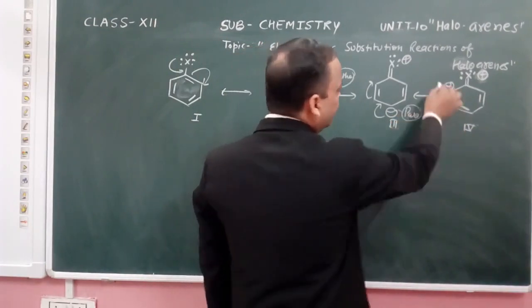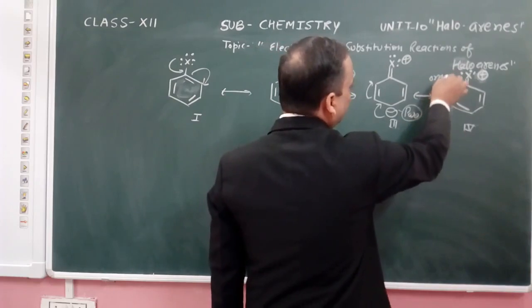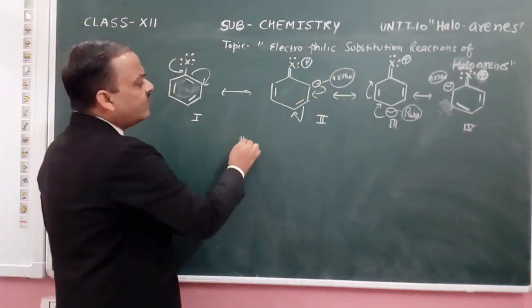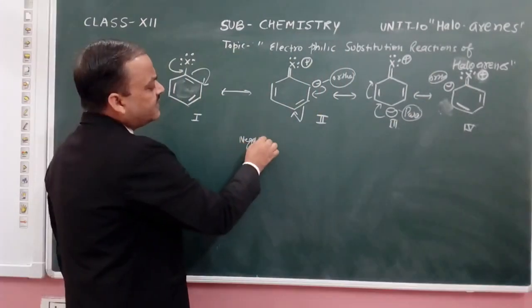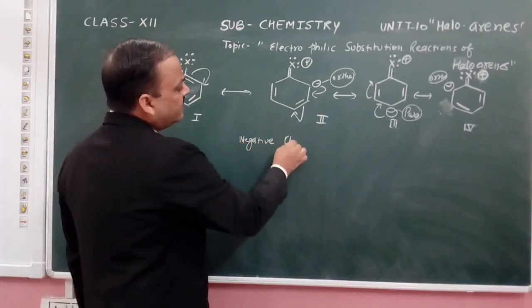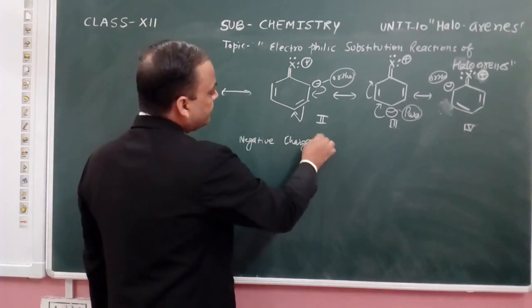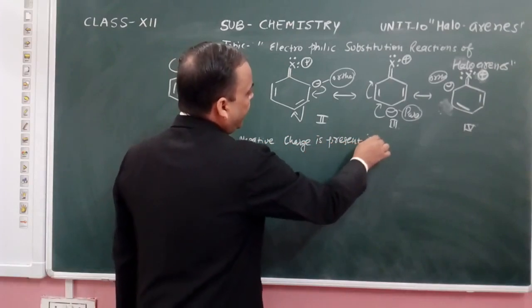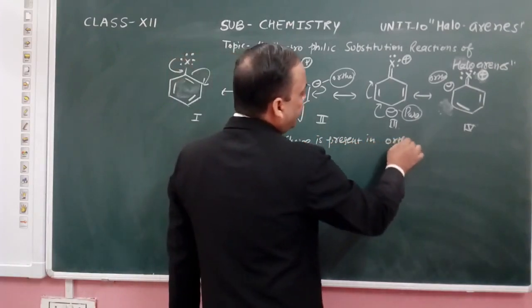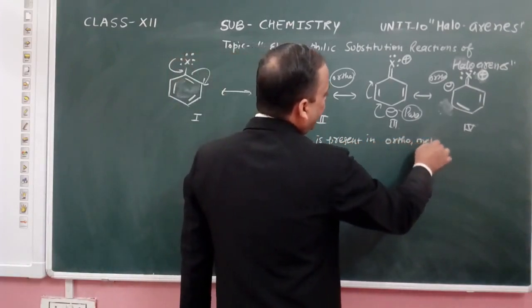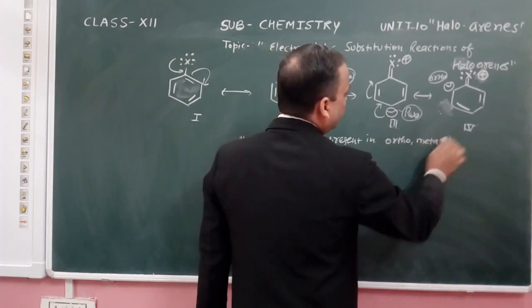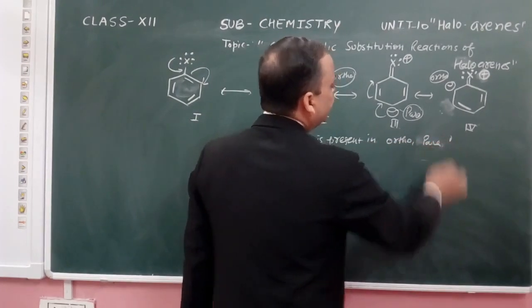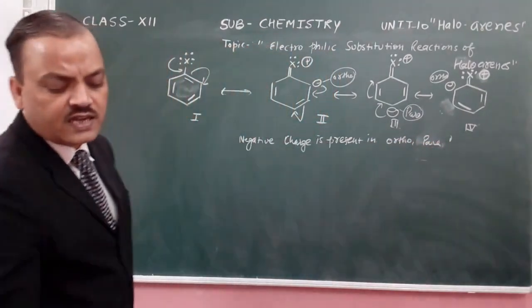So what we are getting is that negative charge is present in the ortho and para positions in these structures.